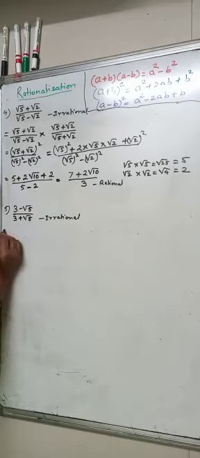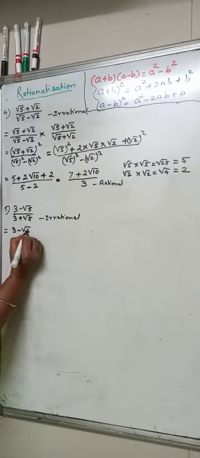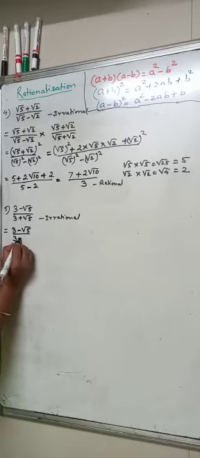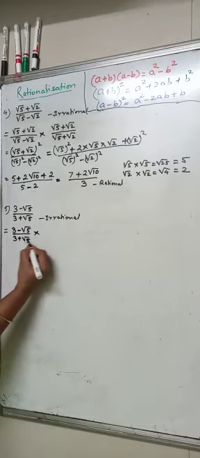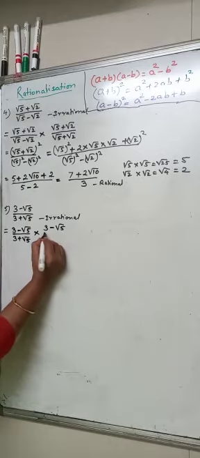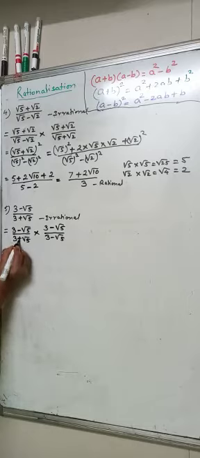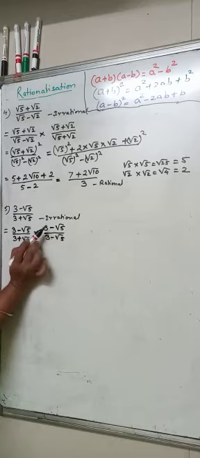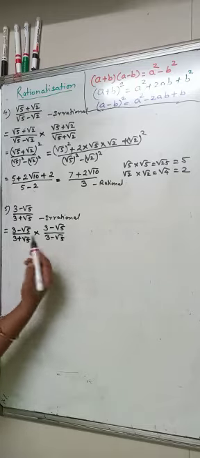We convert it into a rational denominator. (3 − √5)/(3 + √5) into, we take the same binomial but with the opposite sign. In the denominator we have 3 + √5, so when we multiply the numerator and the denominator we take the opposite sign. So the conjugate of 3 + √5 is 3 − √5.